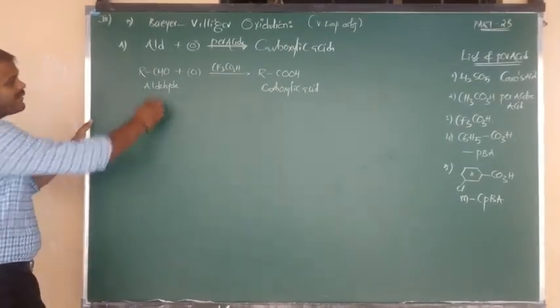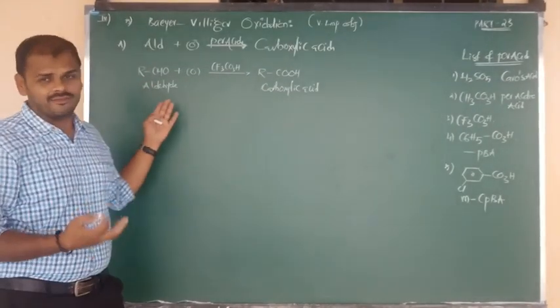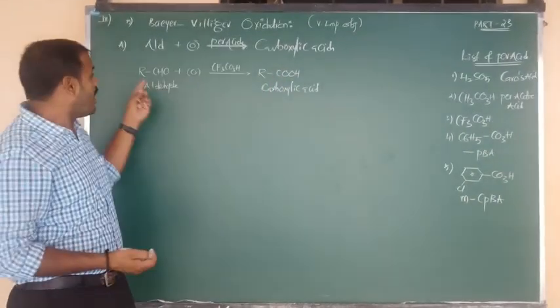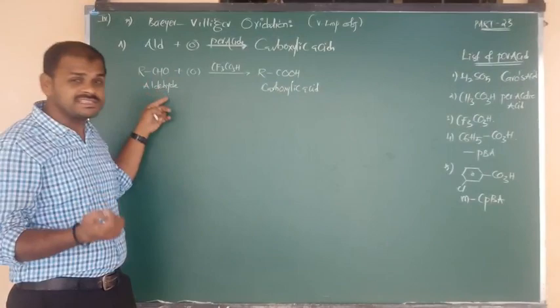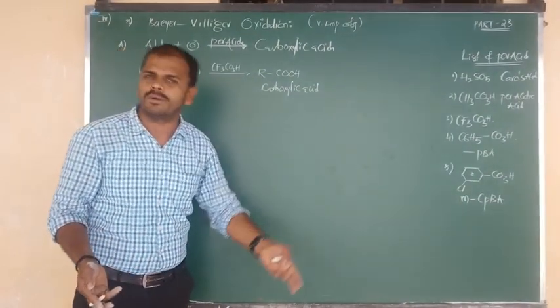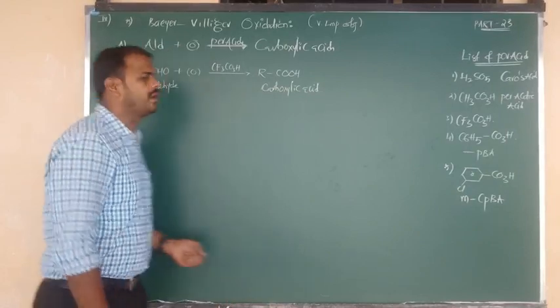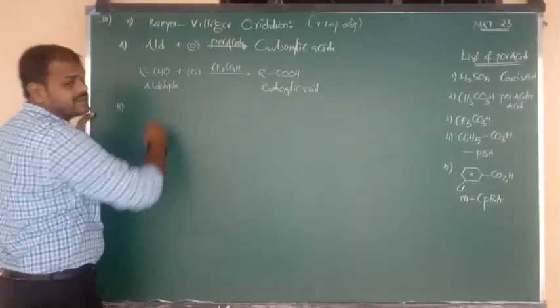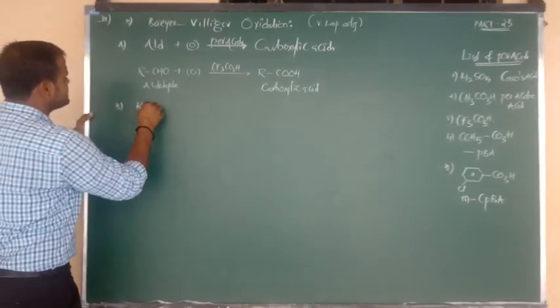First suppose R is replaced by CH3: acetaldehyde changes into acetic acid. R replaced by C6H5: benzaldehyde changes into benzoic acid. Like that you can prepare infinite products. Next reaction, using a ketone.